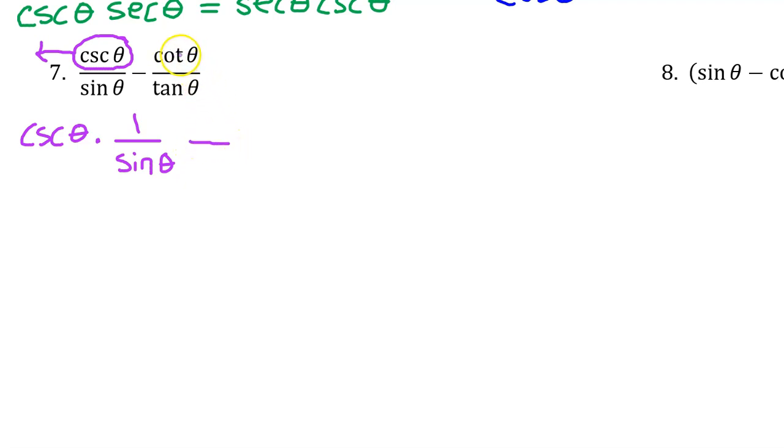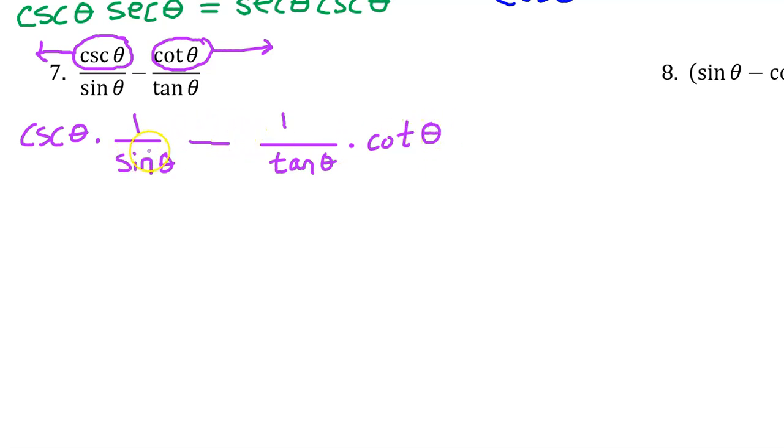Similarly, if I take the cotangent theta and pull that off to the side, that's going to leave behind 1 over tangent theta. So we will have 1 over tangent theta times cotangent theta.